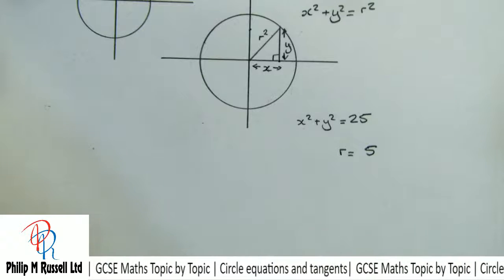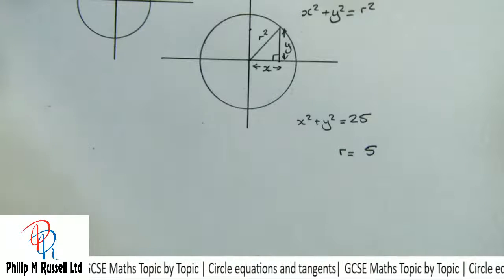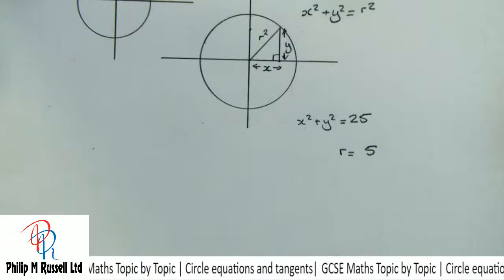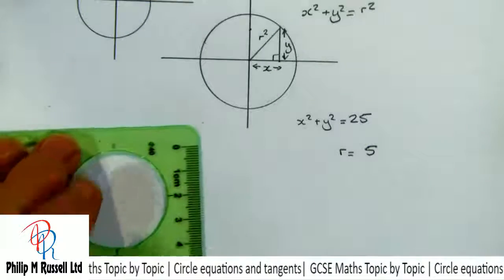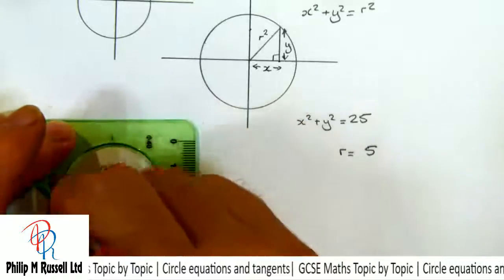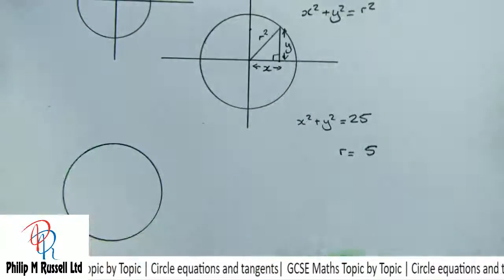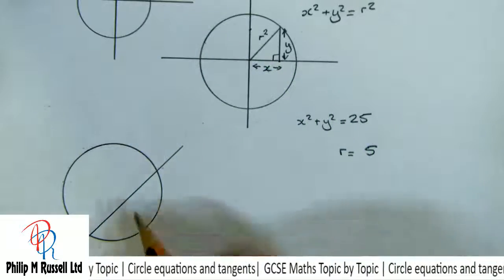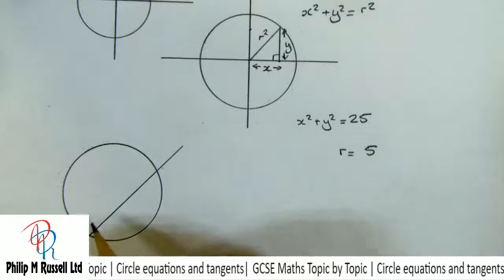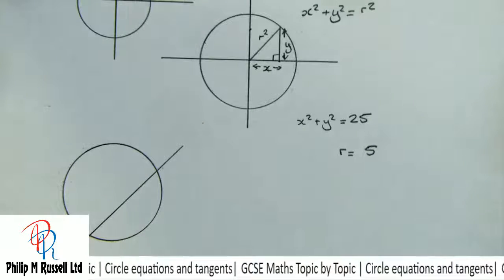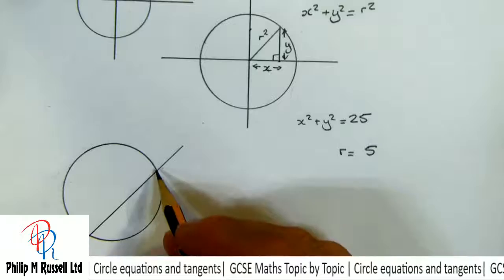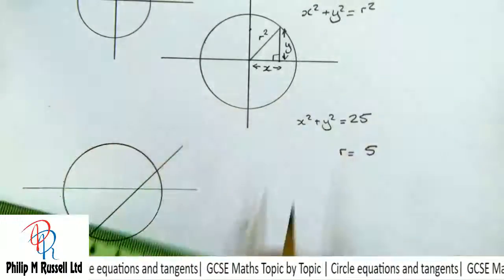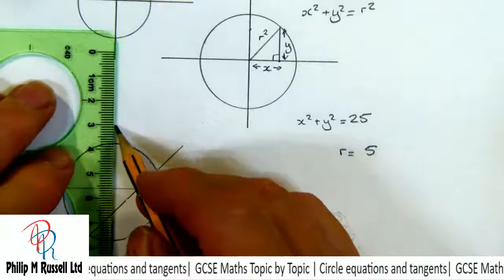So we can give ourselves the points here, and the sort of equations we might get might involve trying to find out where a line meets with this circle.